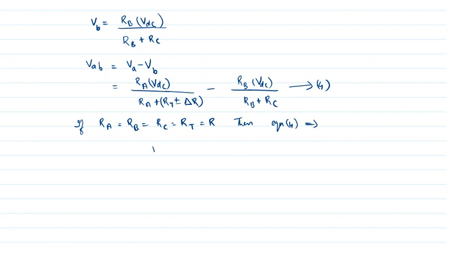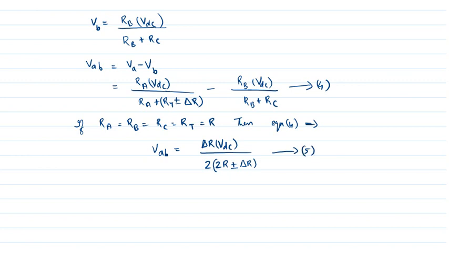VAB equal to delta R VDC divided by 2 into 2R plus or minus delta R. This is equation number 5.